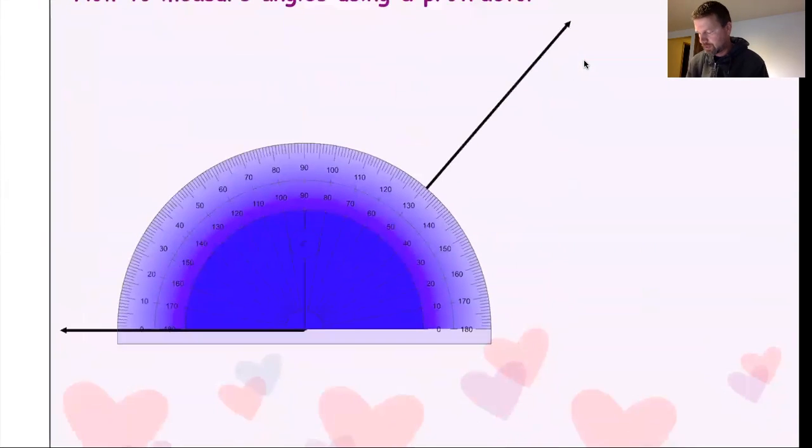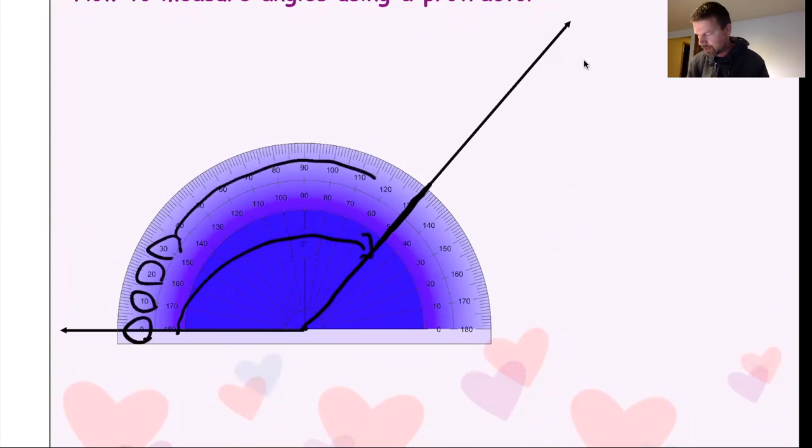This angle starts on the other side. I'm gonna add that there. So this one goes from here and opens up that way. So I'm gonna start with the 0, the scale on the outside, 0, 10, 20, 30, and so on. Looks like it goes all the way to 130. So it's a 130-degree angle.